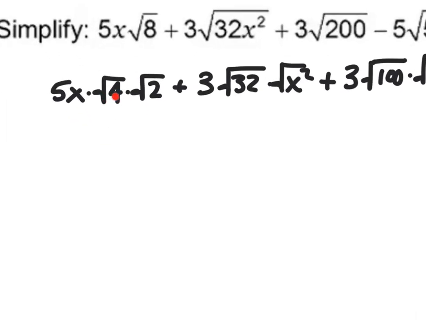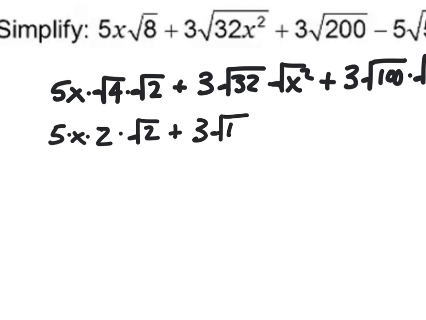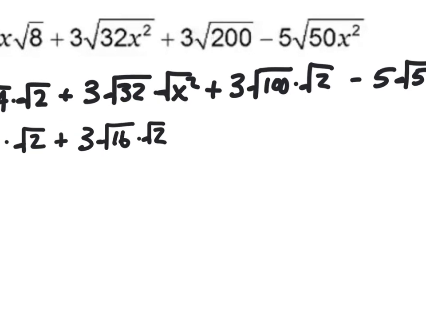Now let's take a look at the next step. I can take the square root of 4, so I've got 5 times x times the square root of 4, which is 2, times the square root of 2. On this one, let me split up the square root of 32, so 3 times the square root of 16 times the square root of 2. Now that I've figured out that 2 is my number, the square root of x squared just gives me x.